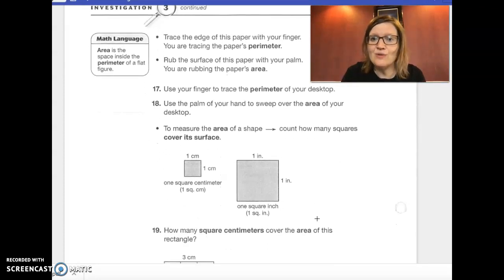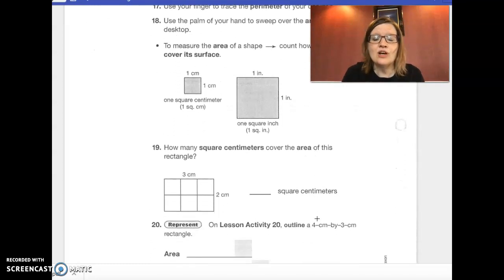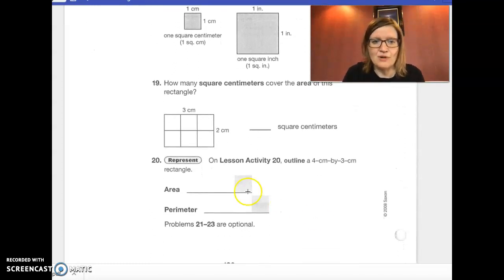And that will give you the square area, the area for a rectangular surface or a square surface. So let's look at an example here, number 19. How many square centimeters cover the area of this rectangle? We can look, and it is 6. There are 6 square centimeters.